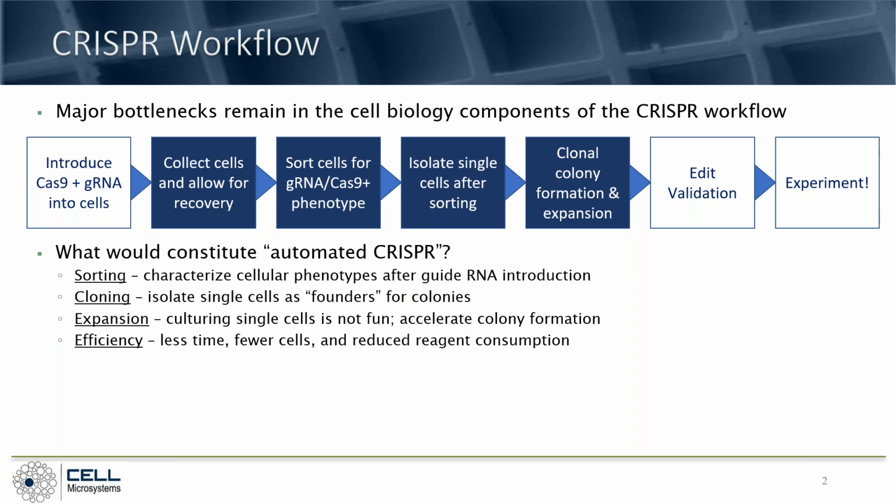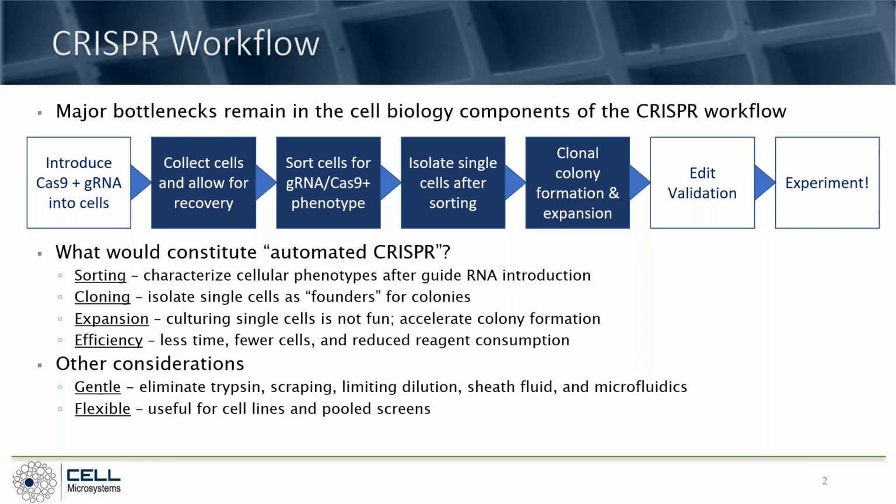In terms of cloning, we want to be able to isolate single cells as the founders for our clonal colonies. In terms of expansion, as many of you know, culturing single cells is very tedious and cumbersome, so we'd like to be able to accelerate colony formation. And lastly, in regard to efficiency, we want to be able to do this as quickly as possible with the fewest number of cells and a reduced reagent consumption.